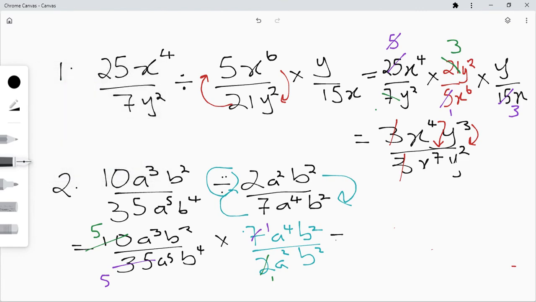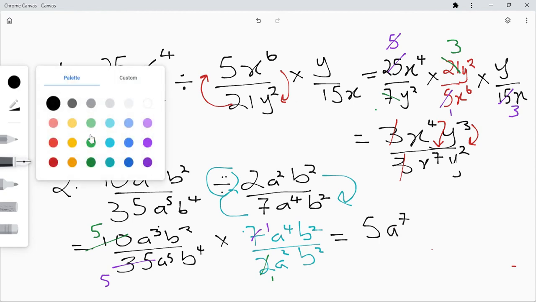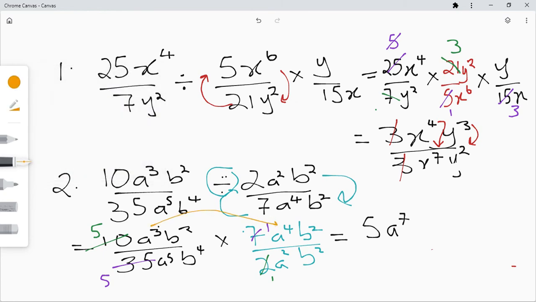So we remain with 5, a cubed times a to the power 4 gives us a to the power 7, then b squared times b squared gives us b to the power 4.